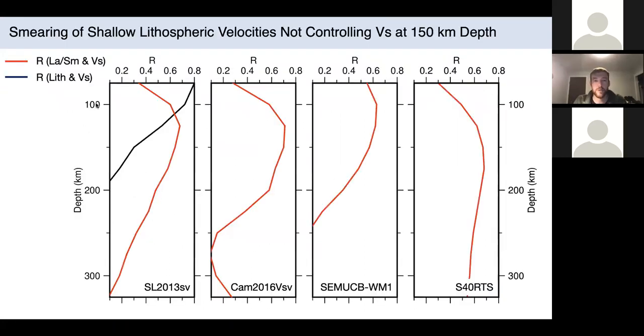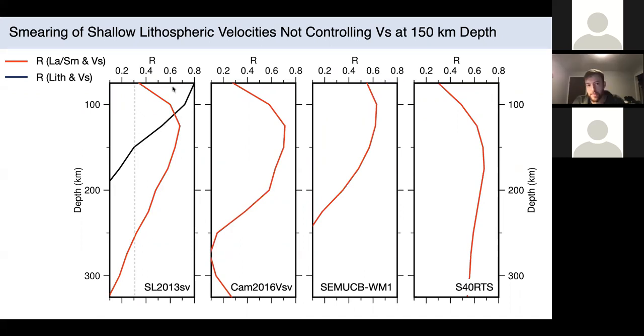So first, we start with our tomography models, and we find that if we compare a correlation between lithospheric thickness and shear wave velocity between our tomographic model and the lithospheric thickness grid generated from that model, which we are using during this study, we find that the correlation between the two becomes negligible at 150 kilometers depth.